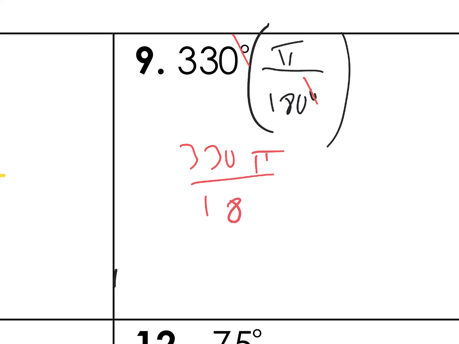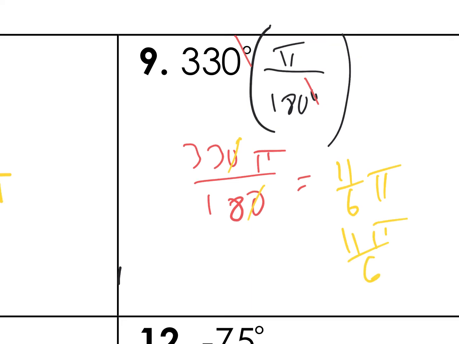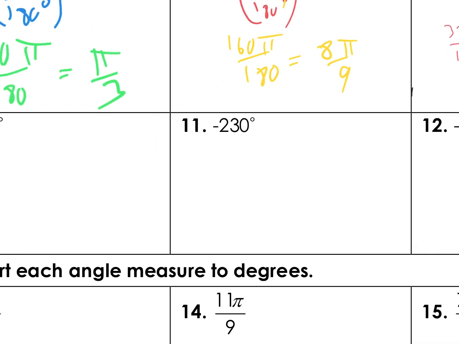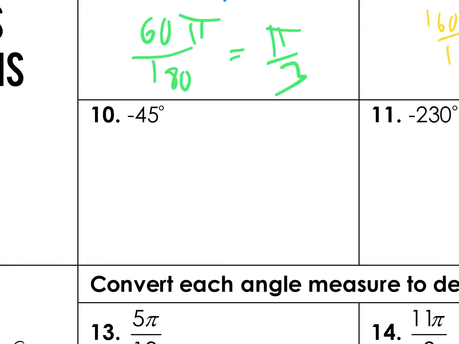You can reduce the zeros real easy. I'm only left with 33 over 18, and both of those divide by 3. 11 over 6 pi, or 11 pi over 6, same thing.